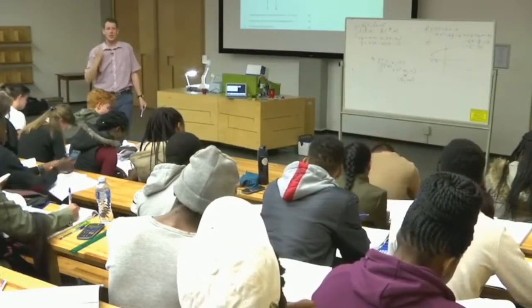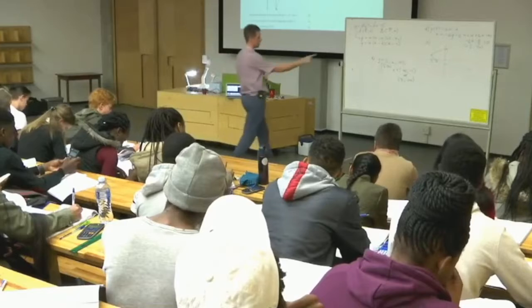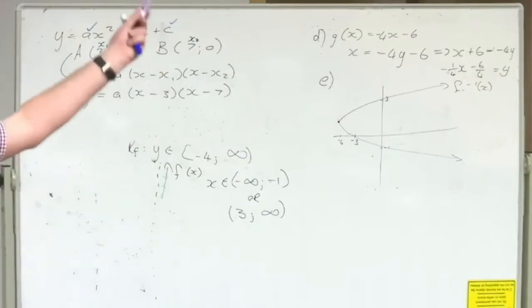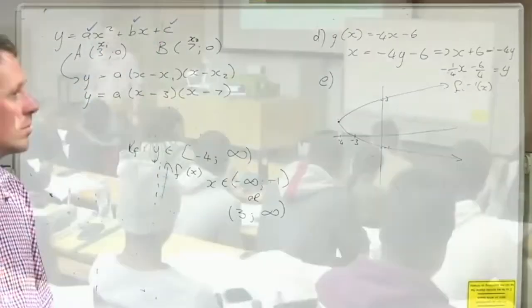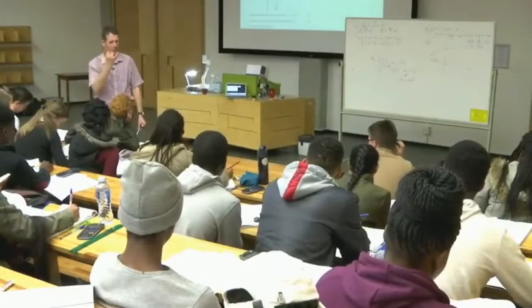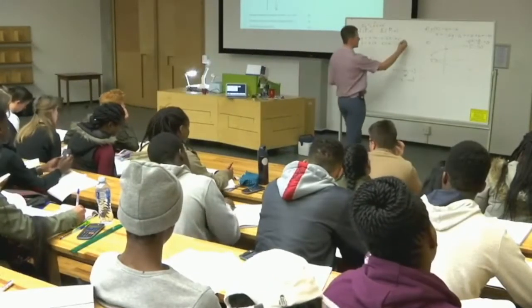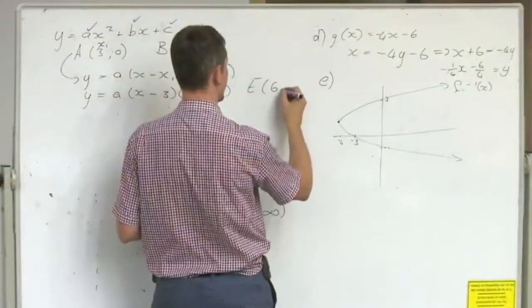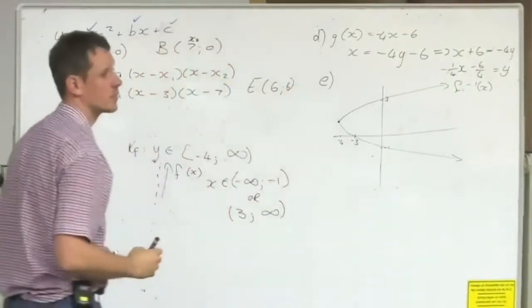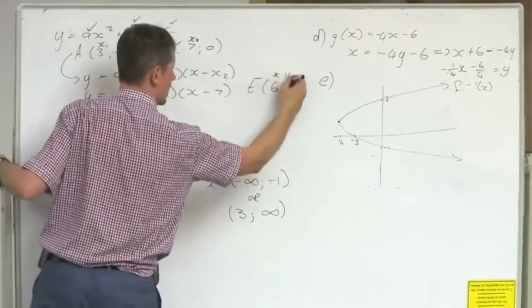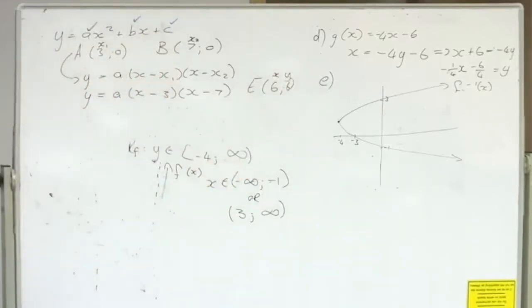In this case, the right formula would be this one, because I'm given the x-intercepts. Step 3 is sub in a coordinate. If you can't read off, you can't use a formula, sub in a coordinate. What other coordinate did they give me? They gave me E as (6, 6). So therefore, I'm going to sub in to x and y.